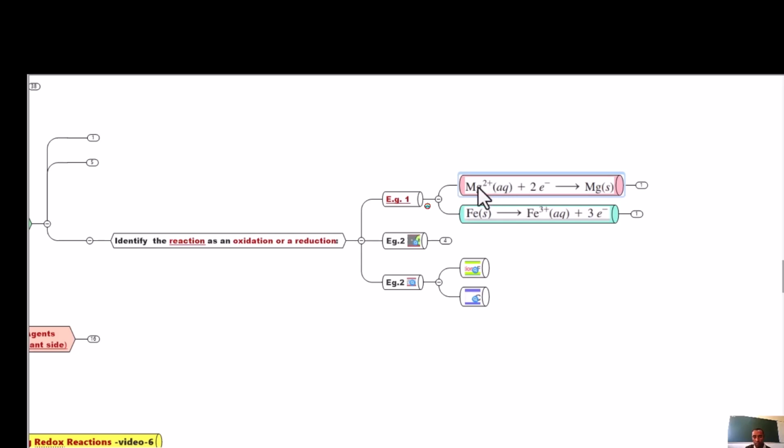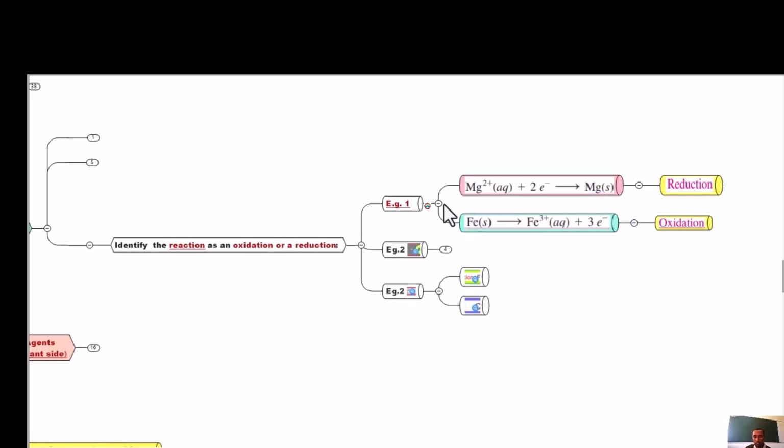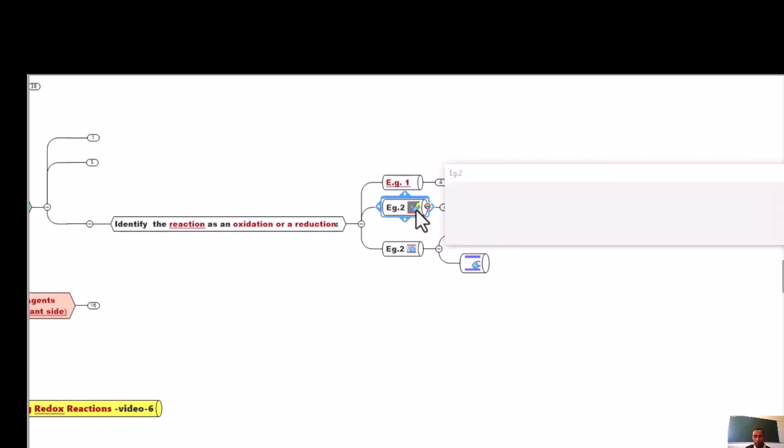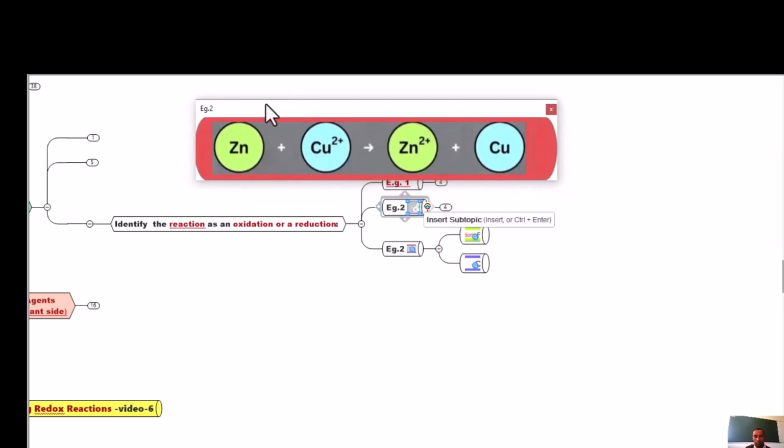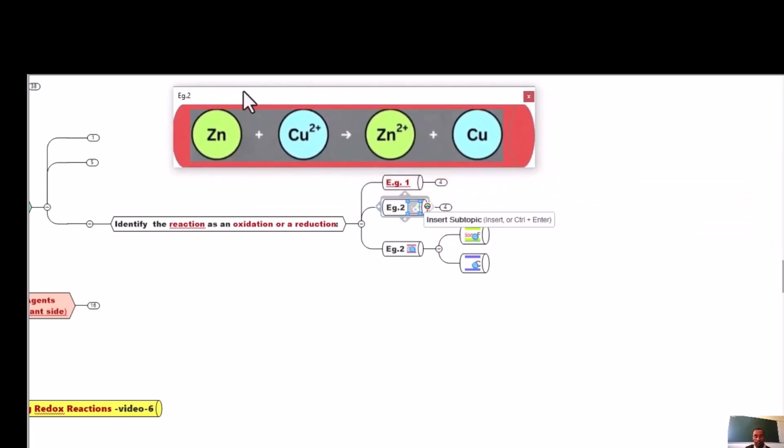Oxidation number for magnesium is +2, and in the product side is 0, so its oxidation number decreases, so it is a reduction. In this case, the oxidation number of iron goes from 0 to +3, an increase, so it is oxidation. Example 2. Identify and write the half reaction for this chemical reaction.